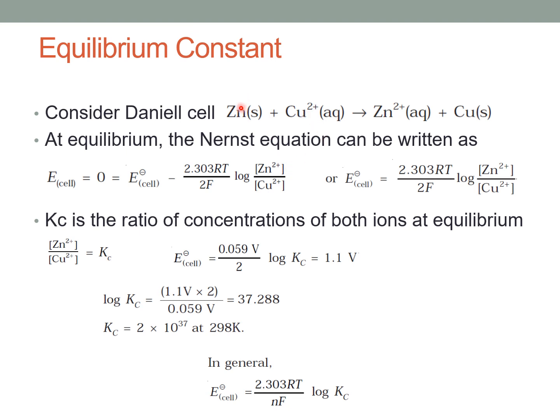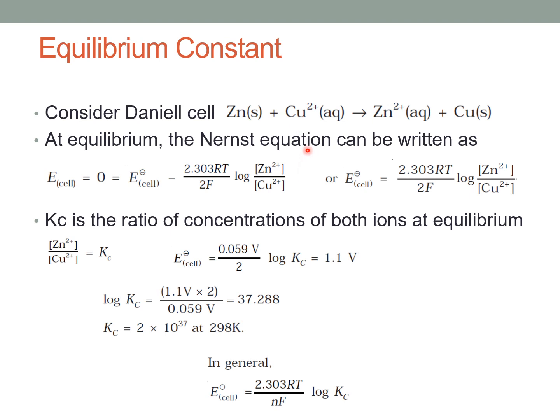Continuously zinc converting to zinc 2 plus ions goes on happening, and copper 2 plus ions will be continuously depositing on copper. Over a period of time, the potential will reduce because the zinc continuously converts to zinc 2 plus and copper 2 plus converts to copper. So the potential reduces. At some point the potential becomes 0.